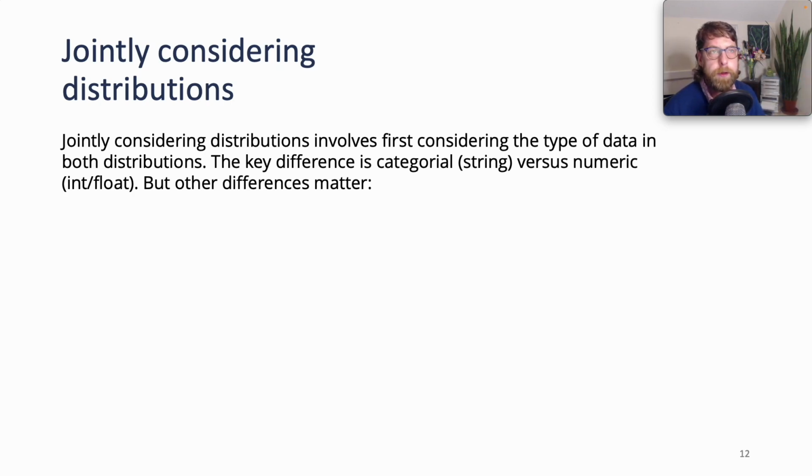Now, how we consider distributions jointly really depends on some important qualitative differences in the distributions. The key one is whether they're categorical or numeric. Is this something that you can order? Can you rank order? Can you go along a line? Color, for example, can be one or the other.